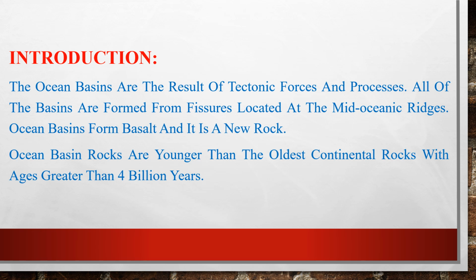Ocean basin rocks are younger than the oldest continental rocks, with ages greater than 4 million years. Because we know the ocean basins are formed by divergent plate movement, so it's a new rock.